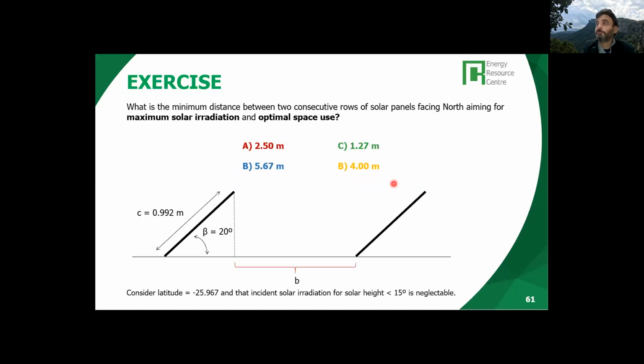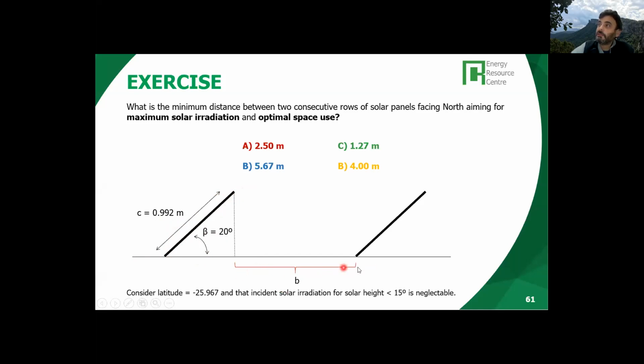So I'm proposing an exercise for you now. Imagine we want to design a PV system. We want to know what would be the distance between our PV panels. If we have a tilt, inclination, slope of the PV panels of 20 degrees, and our PV panels, this size is approximately 1 meter, 0.992 meters.